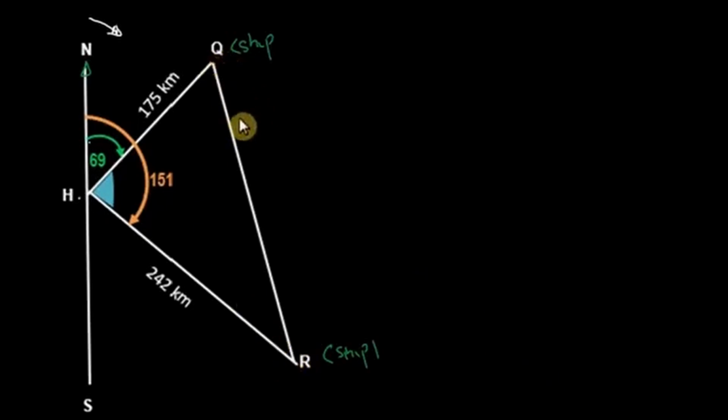Now this should not present a problem because you're given a triangle HQR, you're given two sides, and you know the included angle shown in blue.